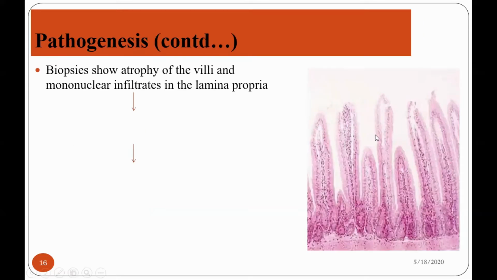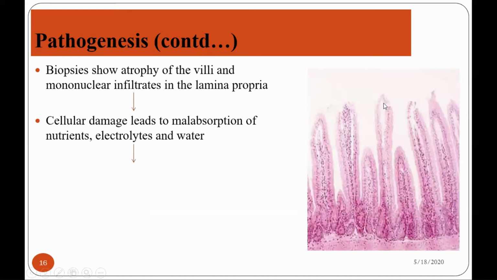This is the biopsy picture of the small intestine, where you can see the atrophied villi at the tip of the small intestine. And here we can see infiltration of mononuclear leukocytes. These viruses damage the tip of the villi of the small intestine.